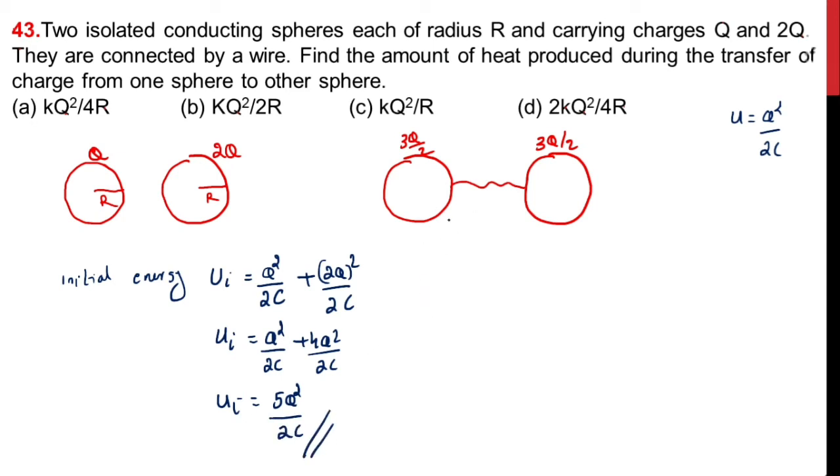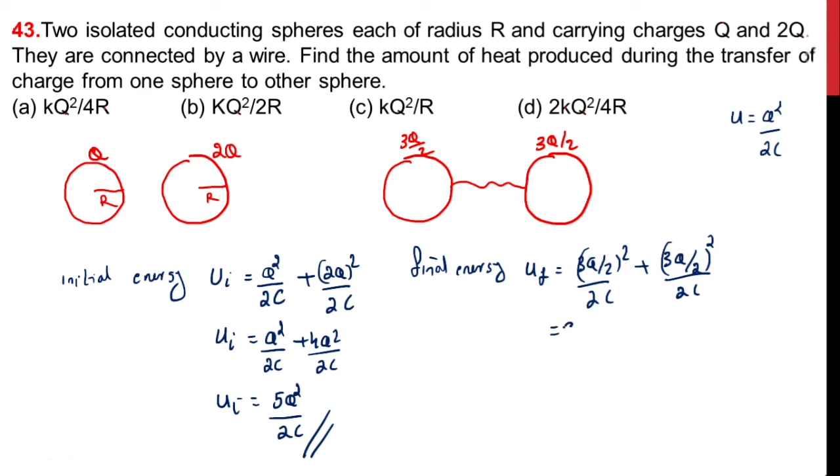Now when they are sharing their charges, let's calculate the final energy, U_f. The energy on the first sphere is equal to (3q/2) whole square divided by 2C, plus (3q/2) whole square divided by 2C for the second.